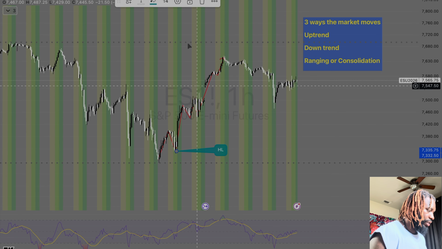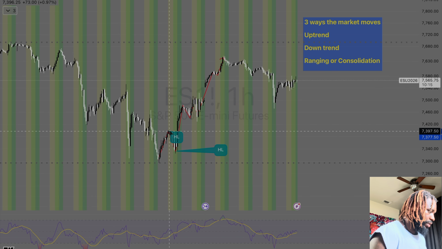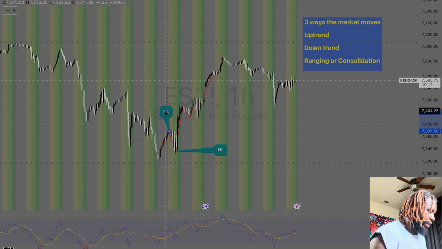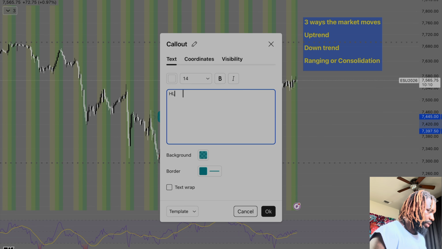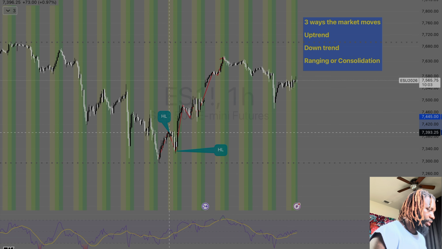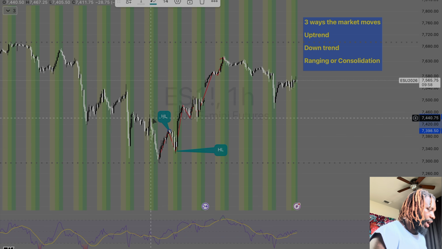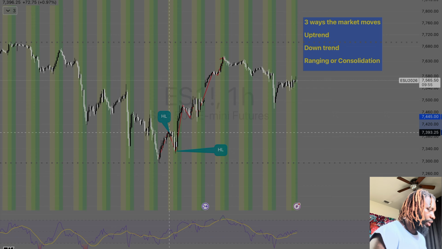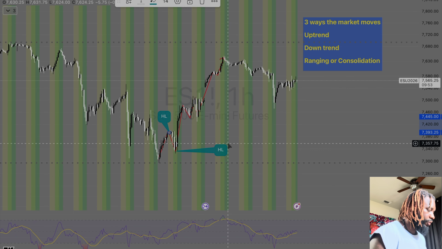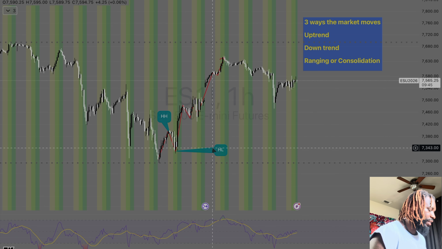You have a higher high, because this is a high from this point, and it's actually higher than here. Yeah, we got a higher high.